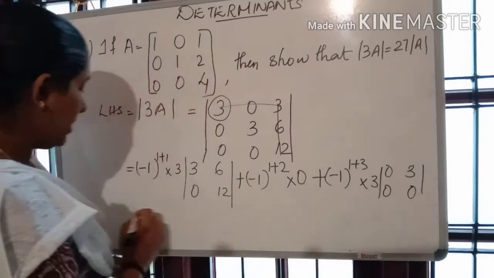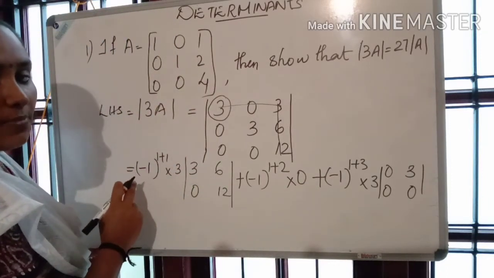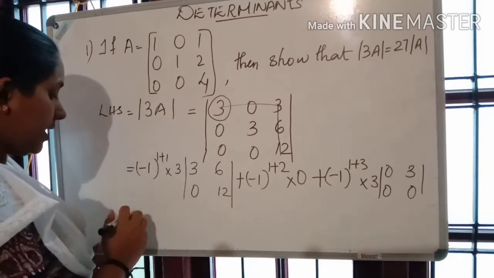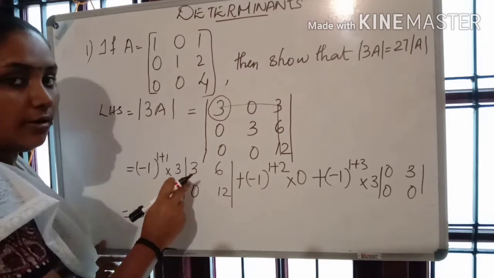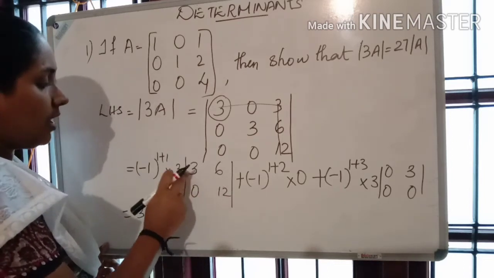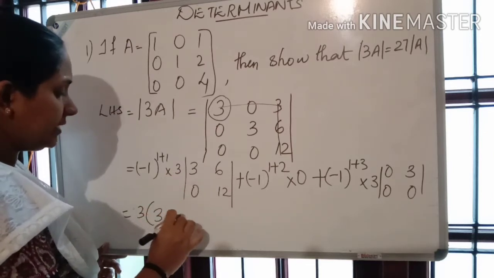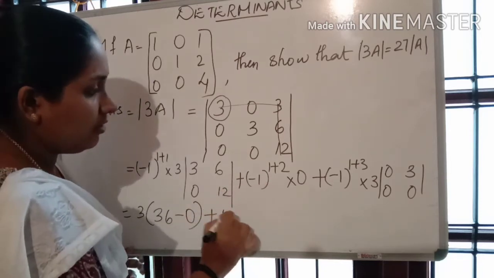We get minus 1 the whole square, that is plus 1, into 3, and find the determinant of this one. 3 into 12 is 36 minus 0, plus here 0.